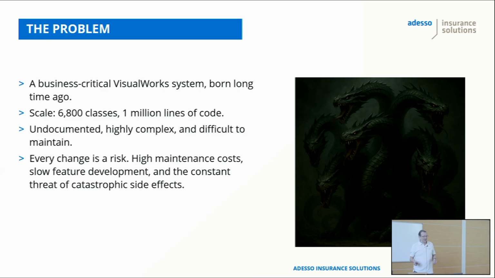It's complex, difficult to maintain, so we do definitely need something to get a handle on the system, to gain an overview over the system, because there is literally no one left from the original team that created the application, and there's no one who has the complete overview on the system. So we need something.